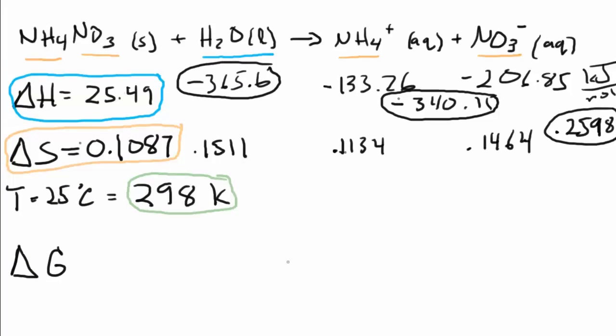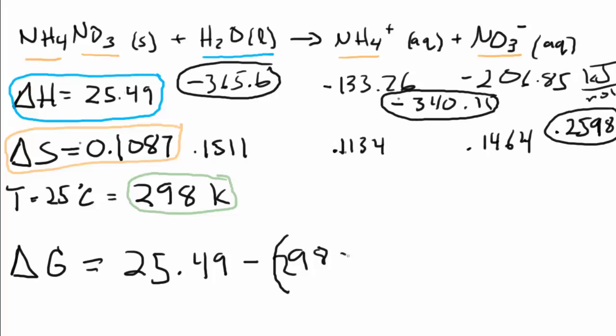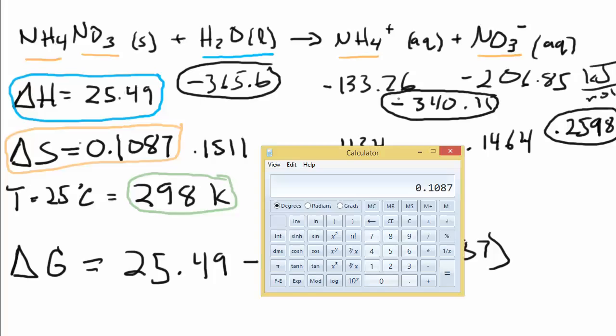So for this problem, the change in free energy is 25.49 minus, and I'm just going to put this in parentheses for clarity, the temperature, 298 Kelvin, times the entropy change, 0.1087.